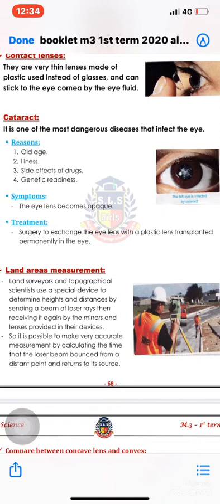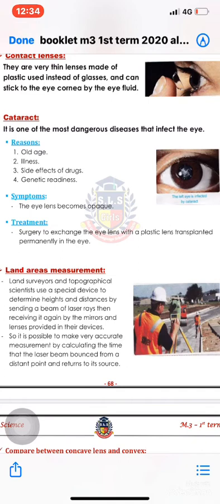How? By sending a beam of light rays or laser rays, then they receive it again on mirrors or lenses provided in their devices. So it's possible to make very accurate measurements by calculating the time that the light ray took to bounce from a distant point and return to its source.